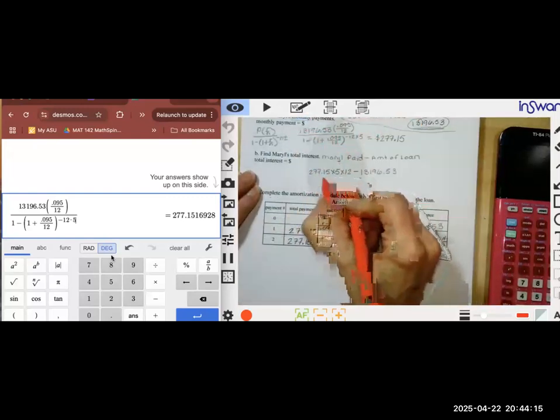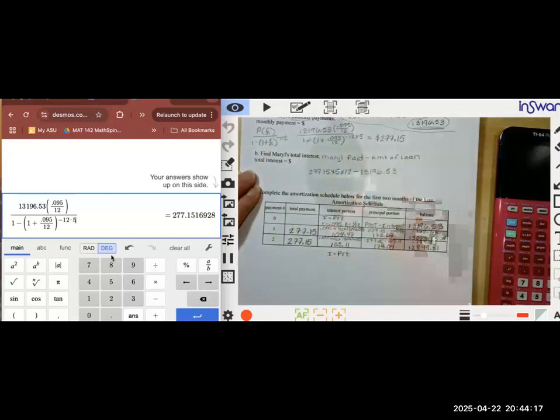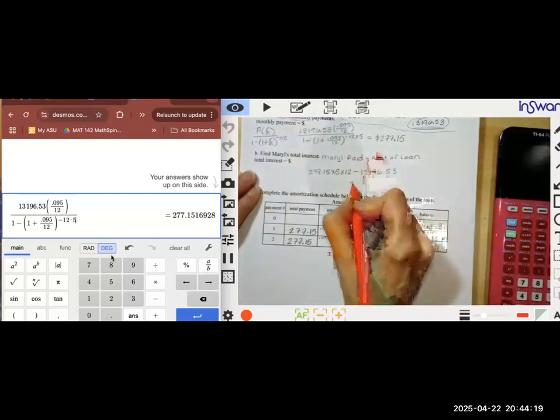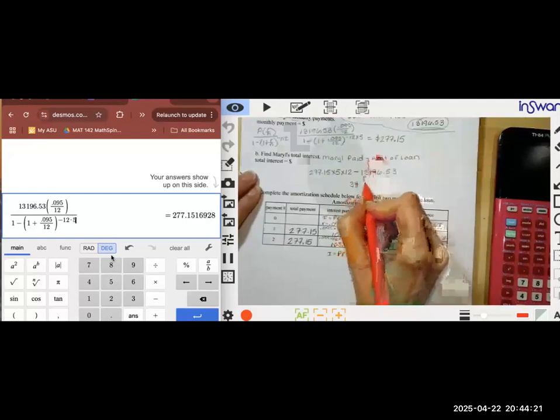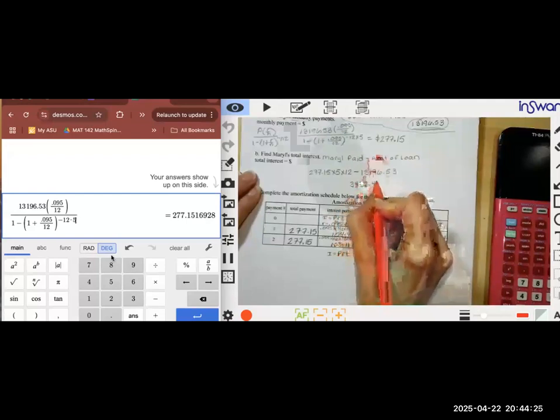So you can plug this all into the calculator. And you should get something like 3432.47. Okay.